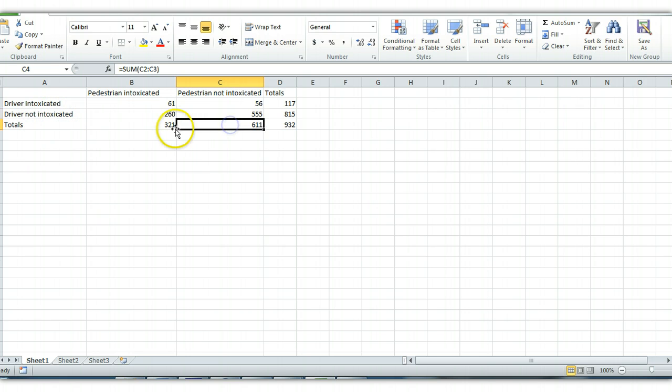So these totals literally mean the total of this column, the total of this row. And this always is the total of everything, of all the people involved, whatever the subjects are.